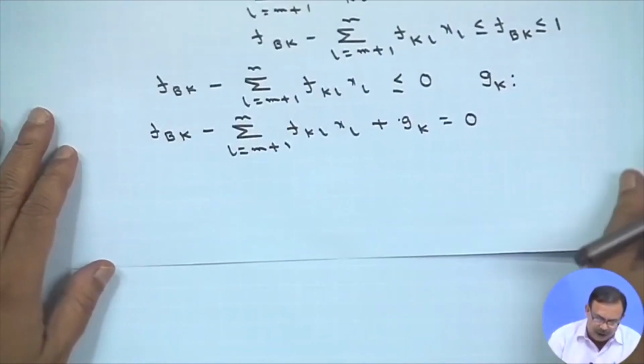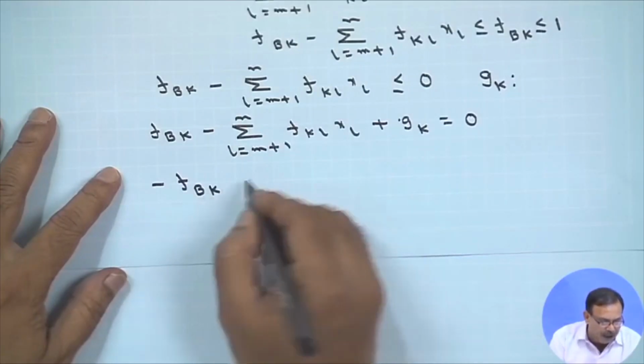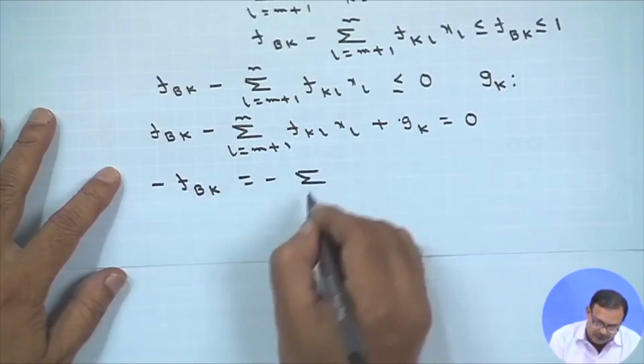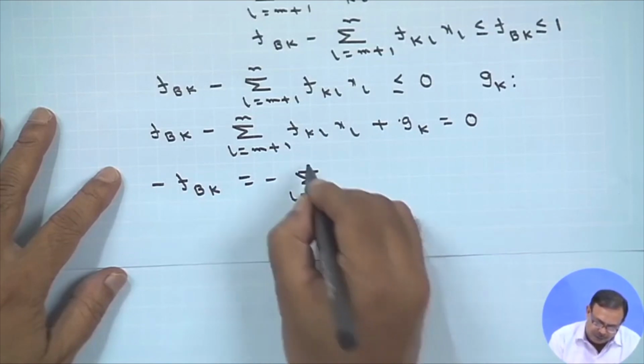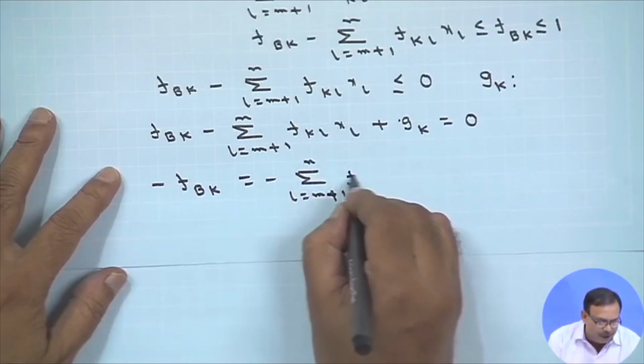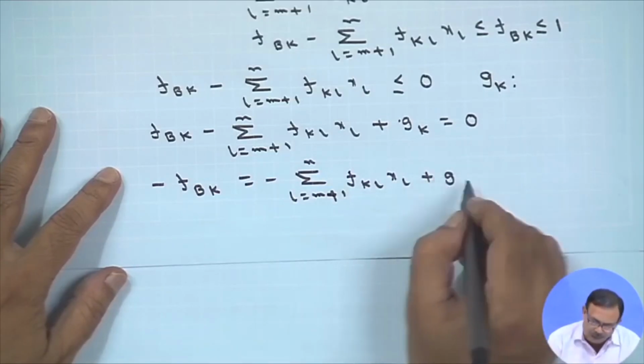So that we can write from here minus of f BK equals minus summation L equals m plus 1 to n f of KL XL plus GK.